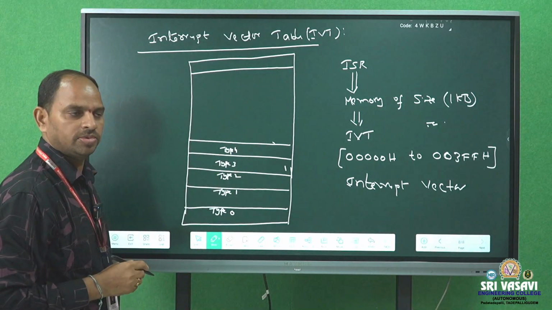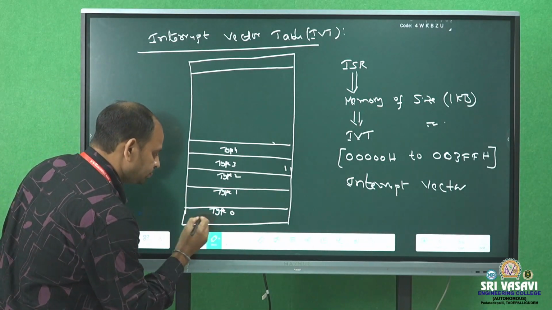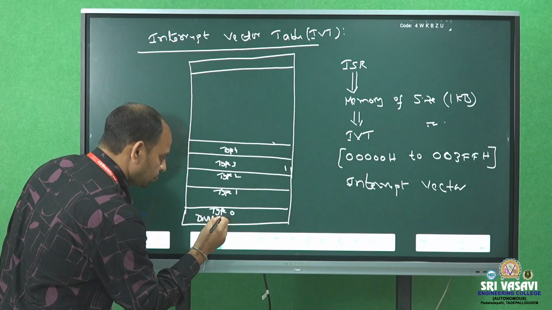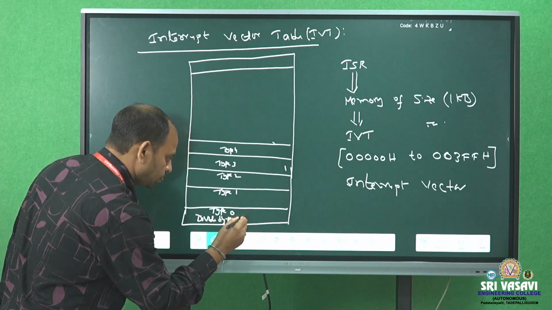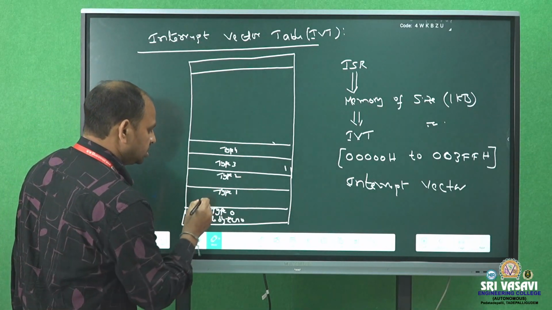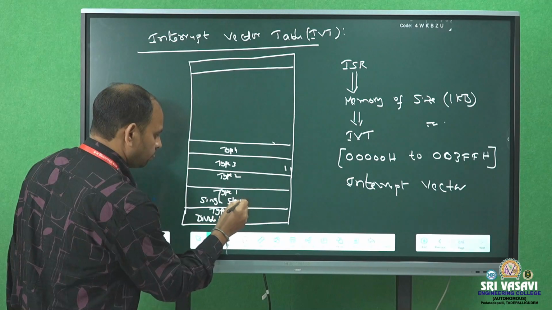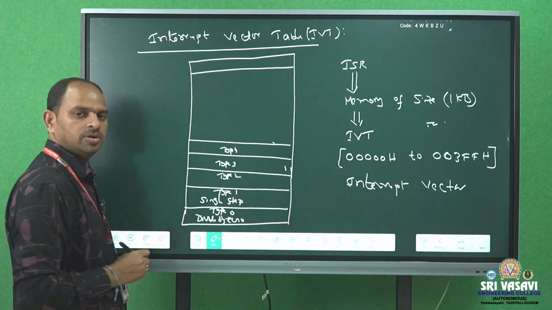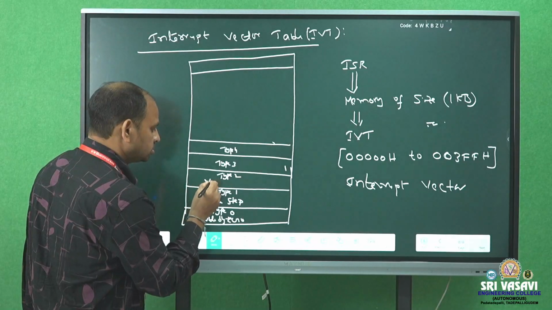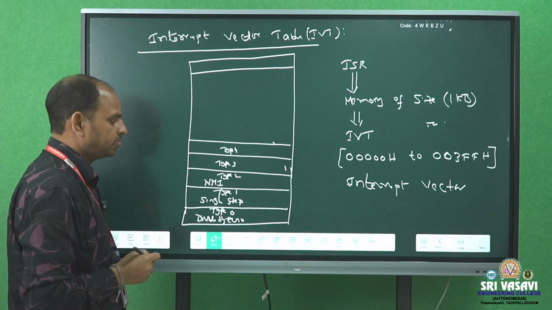Okay, so this type 0 interrupt is called the divide by 0 interrupt. And type 1 is called the single step interrupt. And type 2 interrupt is called the non-maskable interrupt. Therefore, NMI is also called type 2 interrupt.